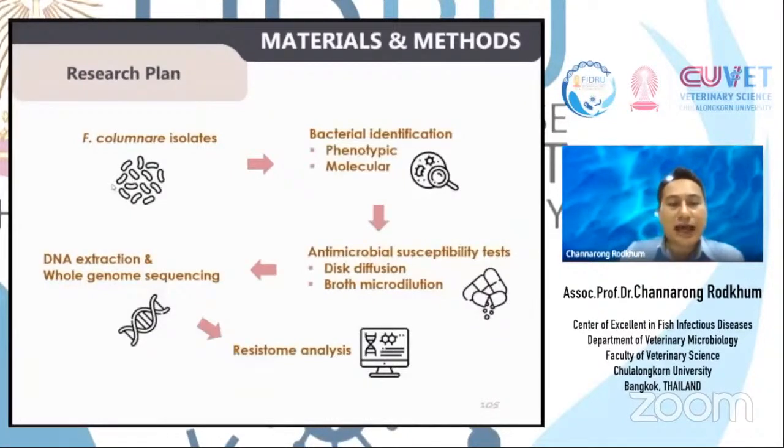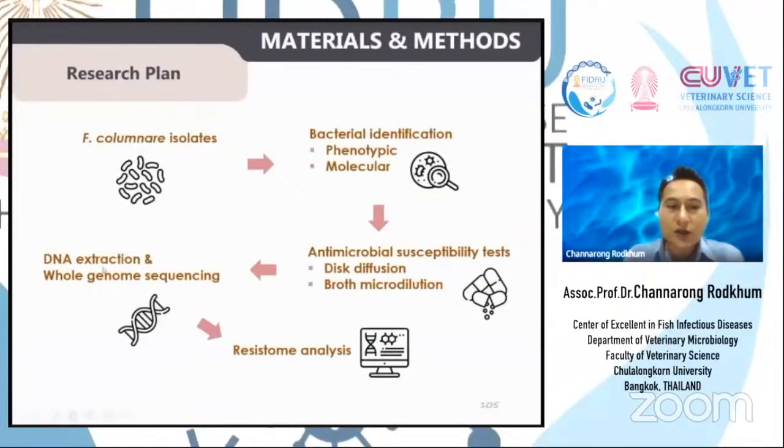Our research plan is, after we have F. columnare isolated from ASEAN sea bass, we do bacterial identification, phenotypic and molecular. We do antimicrobial susceptibility testing by disk diffusion and broth microdilution, and we compare both methods.